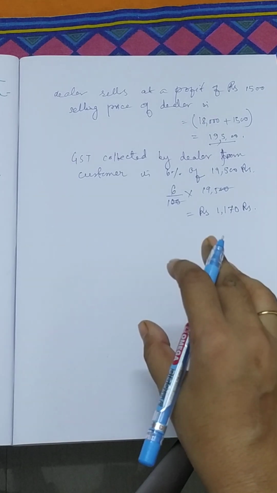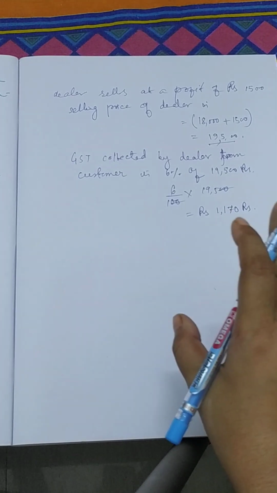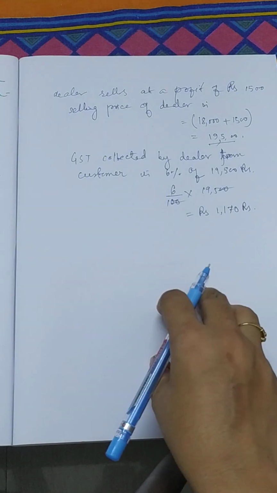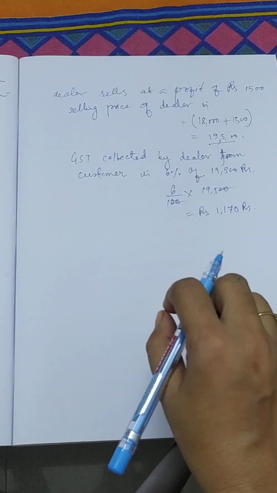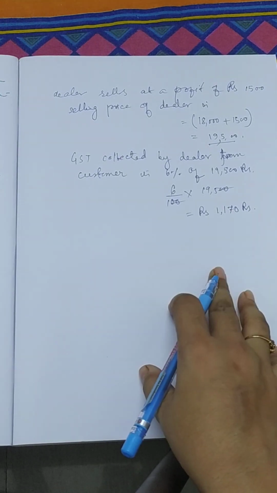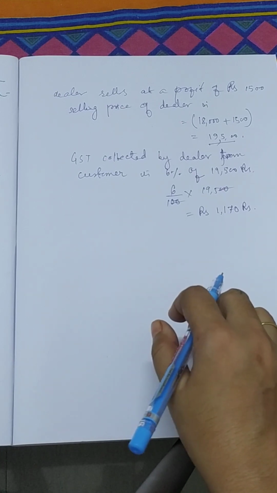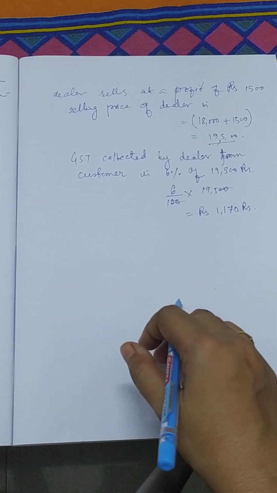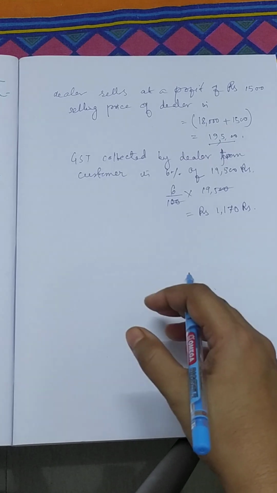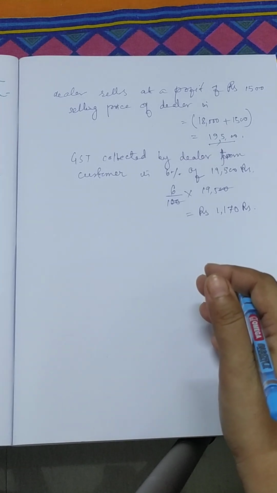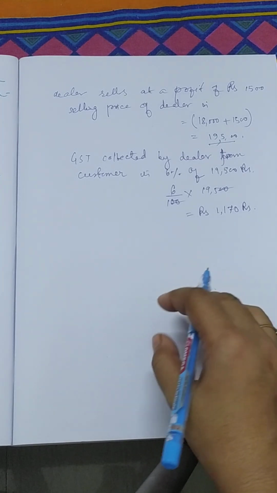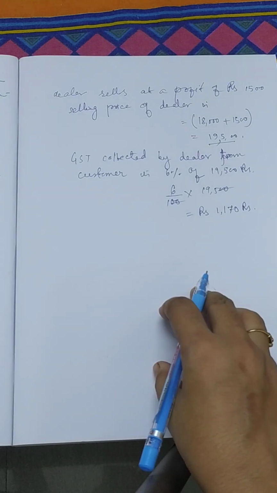This part is very, very important. Listen to it very carefully. Okay. Just try to understand one thing: when we buy something from a dealer or a retailer, we have to pay GST for that printed amount.